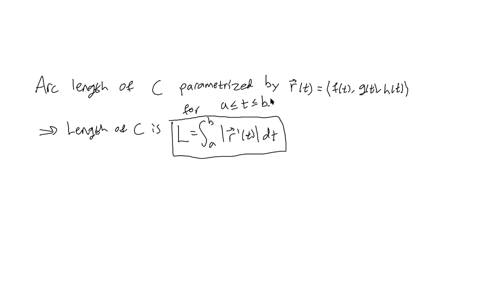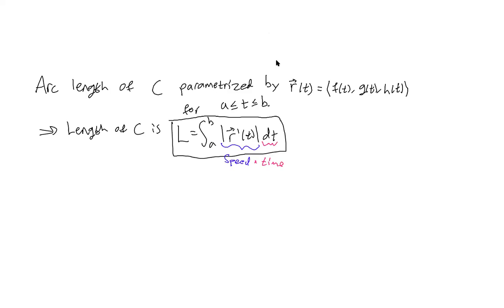R prime of t, you remember, that's velocity. We're taking the magnitude of it, and the magnitude of velocity, so velocity ignoring direction, that's just speed, right? So it's speed times a very small unit of time.